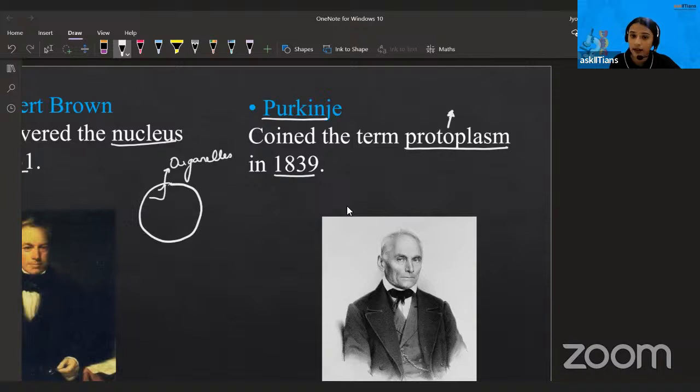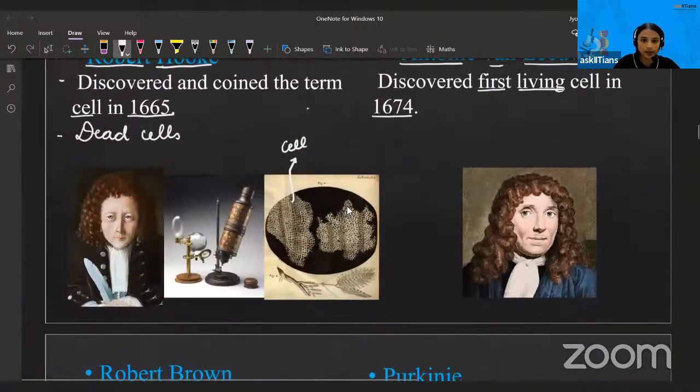It is the living content of the cell, which is surrounded by the plasma membrane. We will study about this, don't worry. So Purkinje coined the term protoplasm in 1839. So this is all about the discovery.